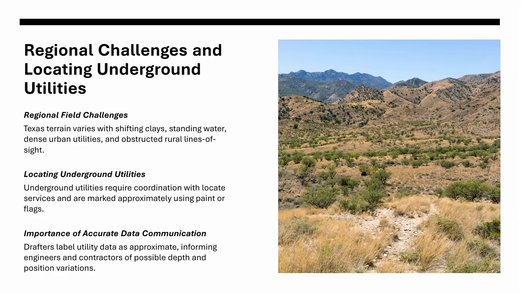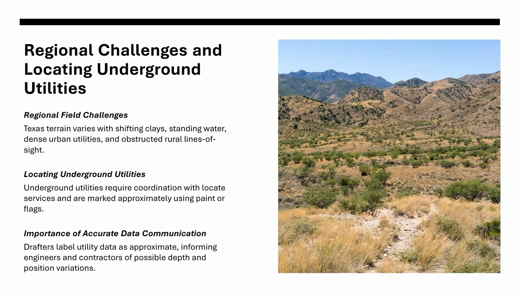Another important aspect of site surveys is the location of underground utilities. While visible features can be located directly, underground utilities often require coordination with one-call locate services, things like 811. And crews may rely on paint markings or flags to record approximate locations of water, sewer, gas, electric, or telecom lines.